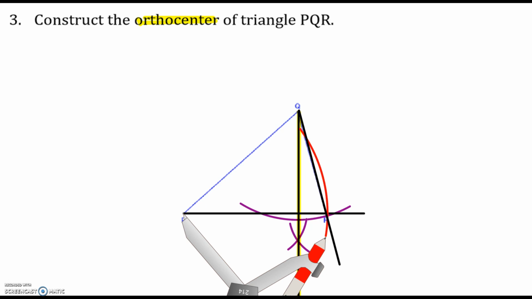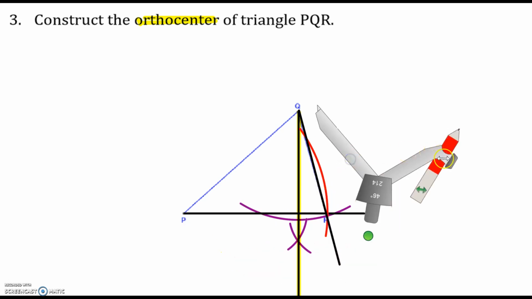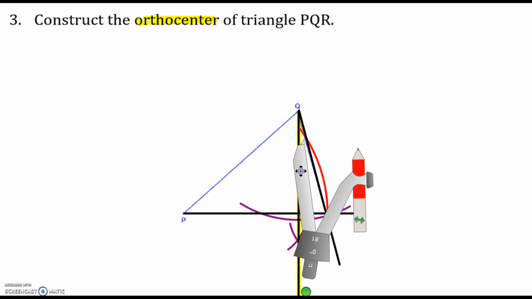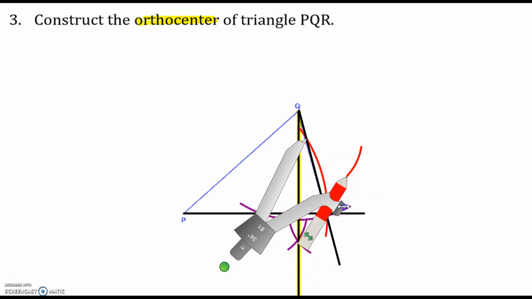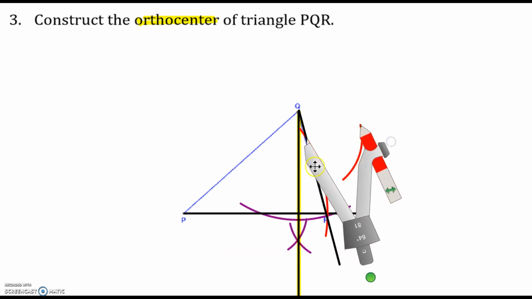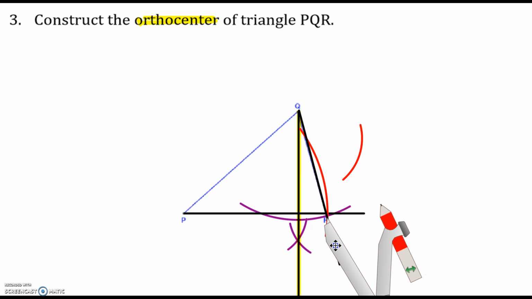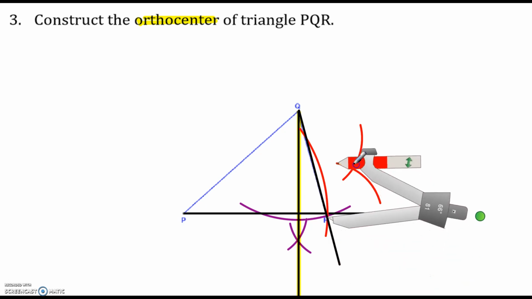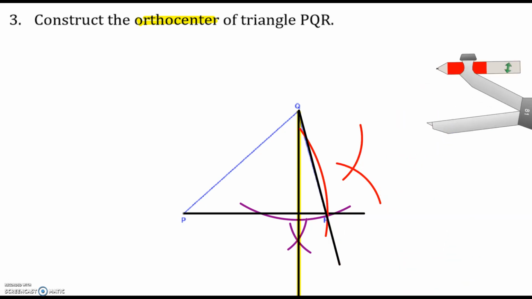And then from those 2 intersection points, just like earlier, you're going to swing 2 other arcs. And again, as long as they stay the same size and it's more than halfway across, they will intersect. And then you can connect that back to point P. And there is another one of your altitudes.